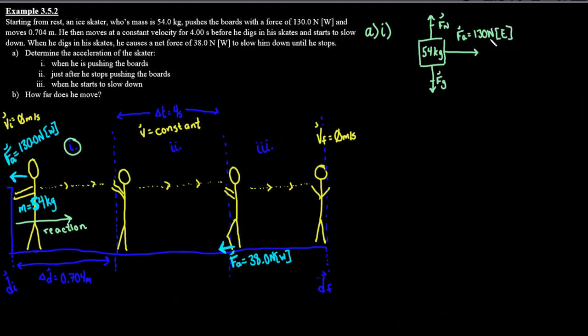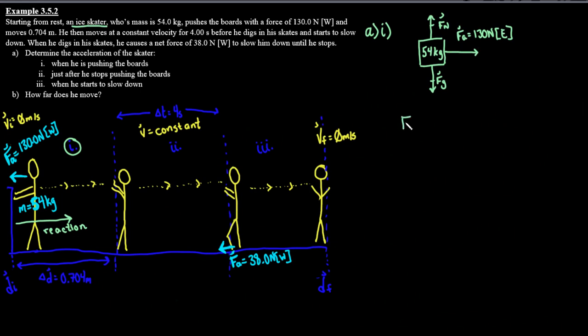He feels the same magnitude in the opposite direction. So he's applying that force west, but he's going to feel that force moving east. Okay? We're ignoring friction in this case, because he's on ice. So there's no other forces that are acting on him at this point in time.